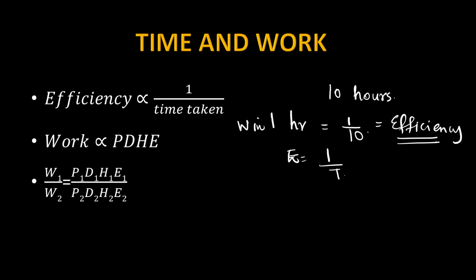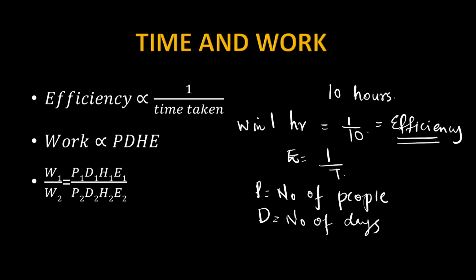Next, work is proportional to PDHE. P is the number of people involved in that work, D is the number of days, H is the number of hours, and E is the efficiency. If in the given question the number of days or number of hours are not mentioned, then you can avoid that term.